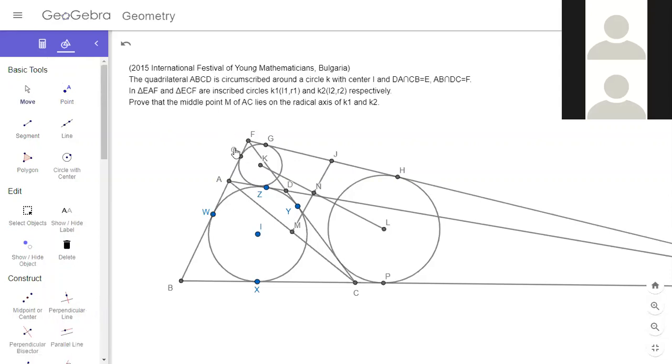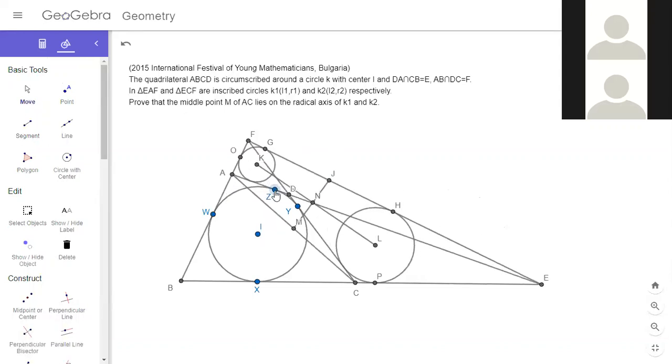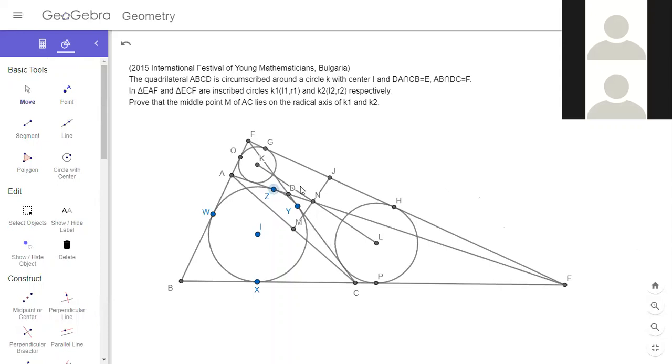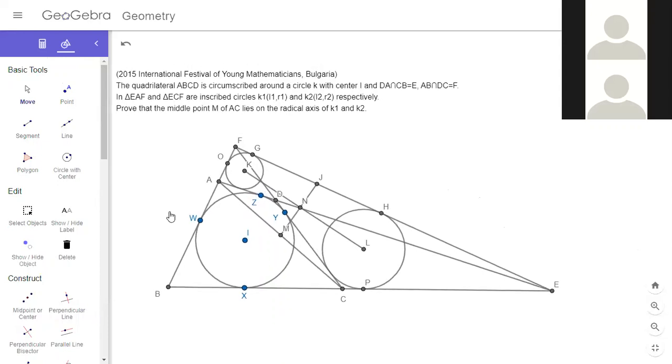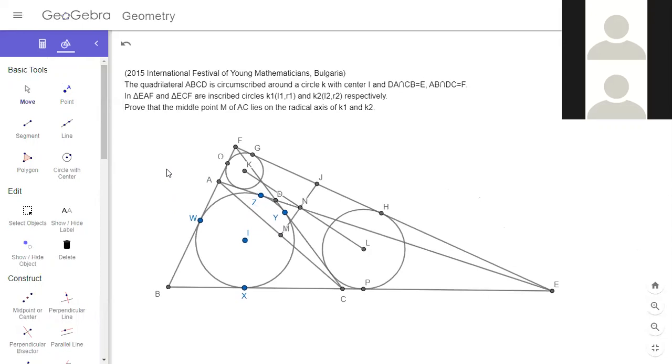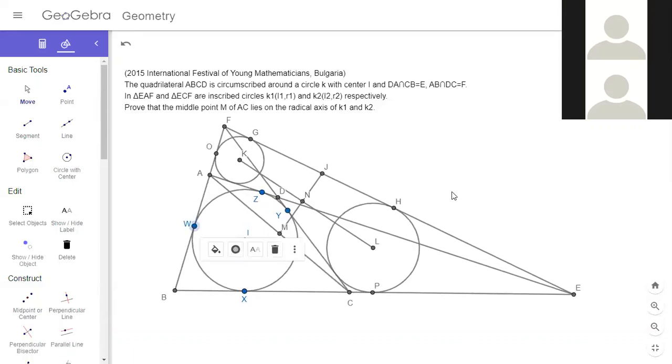So we have OP. Let's see here. So showing MJ, I don't want to make it look like those three are concurrent.